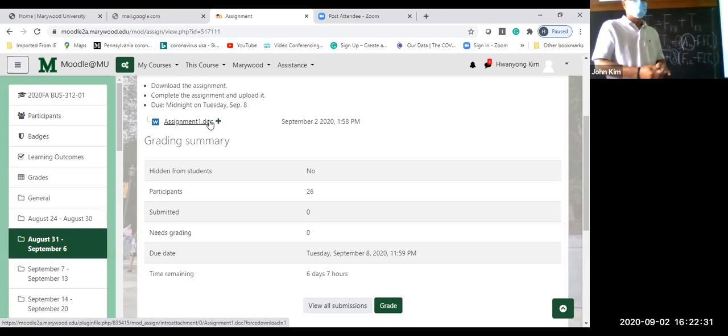You may upload in whatever form. You can just answer on paper, writing, and take a picture or scan, or use Microsoft Word, then save the file and upload. So try. Due is next Tuesday, midnight. That is the 8th of September.